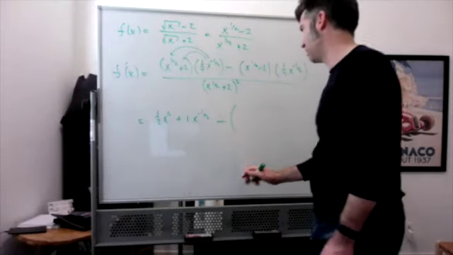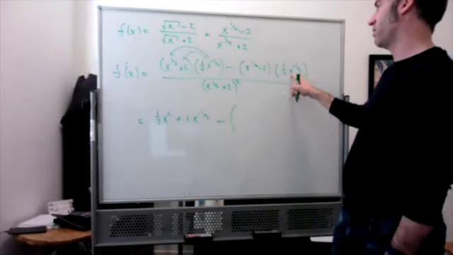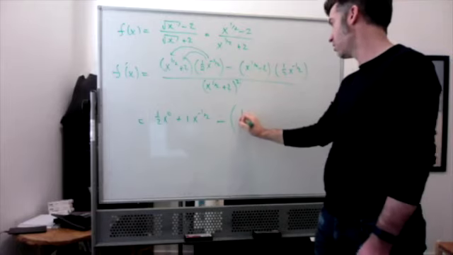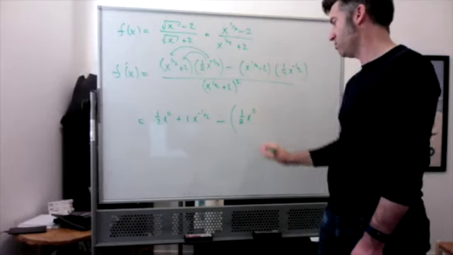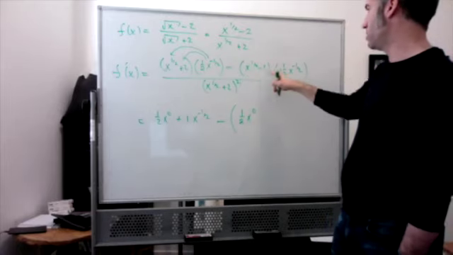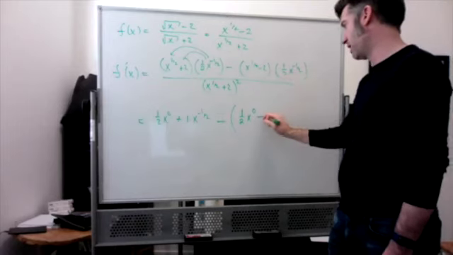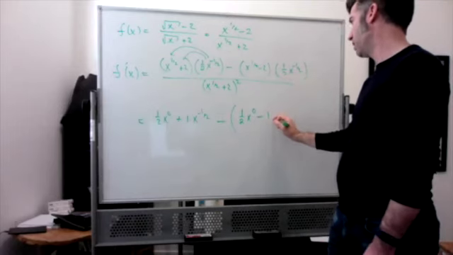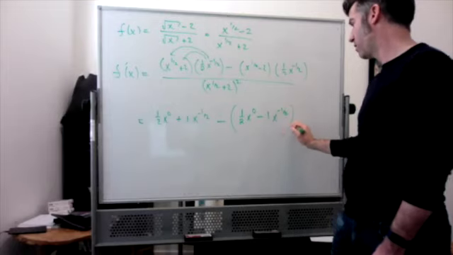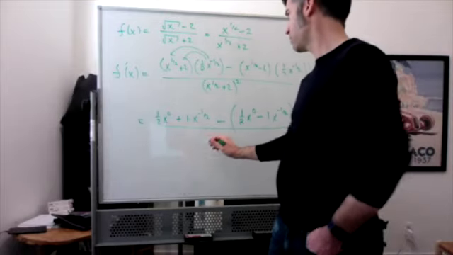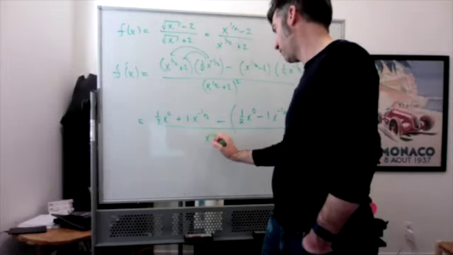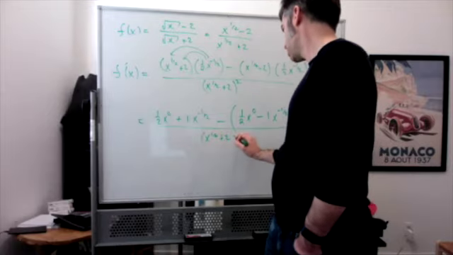Minus, let's just keep the minus out here, 1/2 x to the negative 1/2 times x to the 1/2 is again 1/2 x to the 0. And then minus 2 times 1/2 x to the negative 1/2 is minus 1 x to the negative 1/2. All divided by the same thing, x to the 1/2 plus 2 squared.